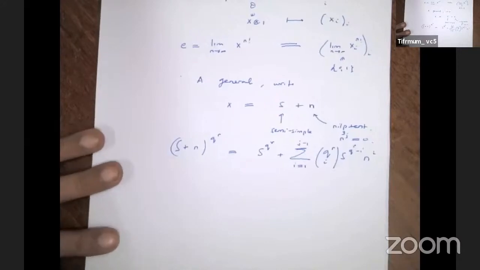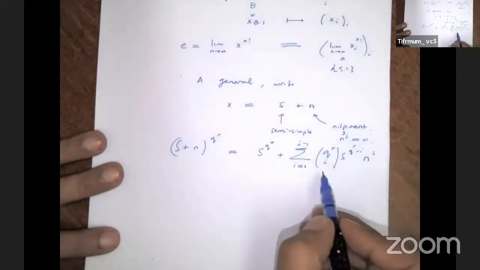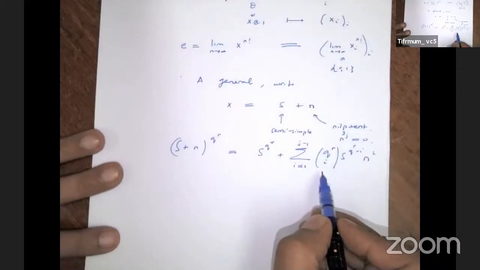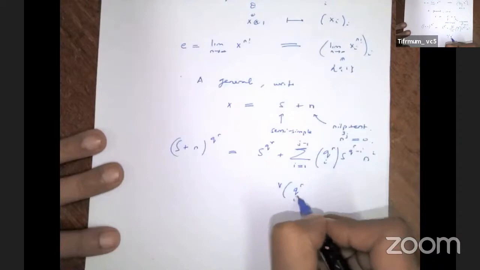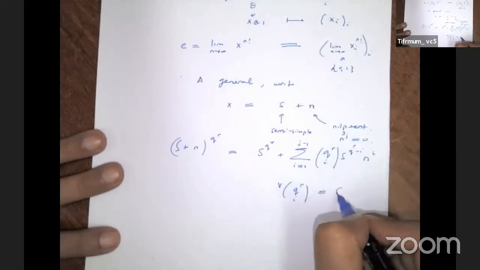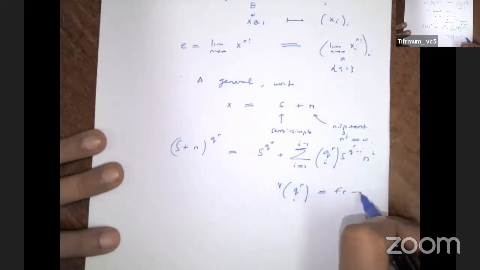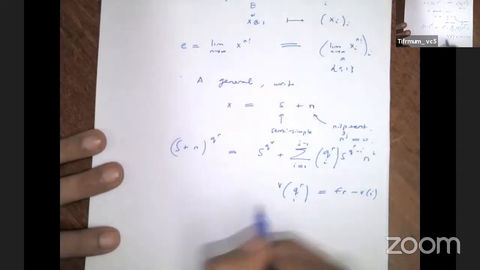So n minus m is some number and m is some number. They both have base p expansions. When you add those numbers up, your digits have to be between 0 and p minus 1, so you may have some carries. And the number of carries you get is exactly the p-adic valuation of n choose m. So using that classical formula, I think it's Kummer's theorem from a long time ago, we know that the valuation of Q to the R choose I is fr minus the p-adic valuation of I.